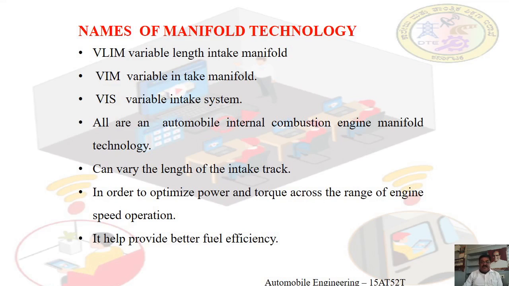So one is a shorter path and another one is a longer path, in order to optimize power and torque across the range of engine speed operation, and it will help to provide better fuel efficiency. So this is the ultimate advantage of that manifold technology.